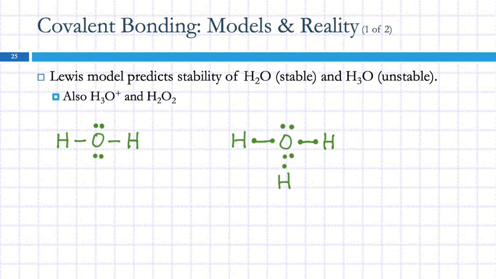If 8 is good, is 9 better? No, 9 is terrible. That's too much. We want 8, exactly 8. So if this were to form a bond, then our oxygen has 9 electrons, which is not good. And so we would predict that this is not stable. Could it form? Possibly, but it wouldn't stick around.